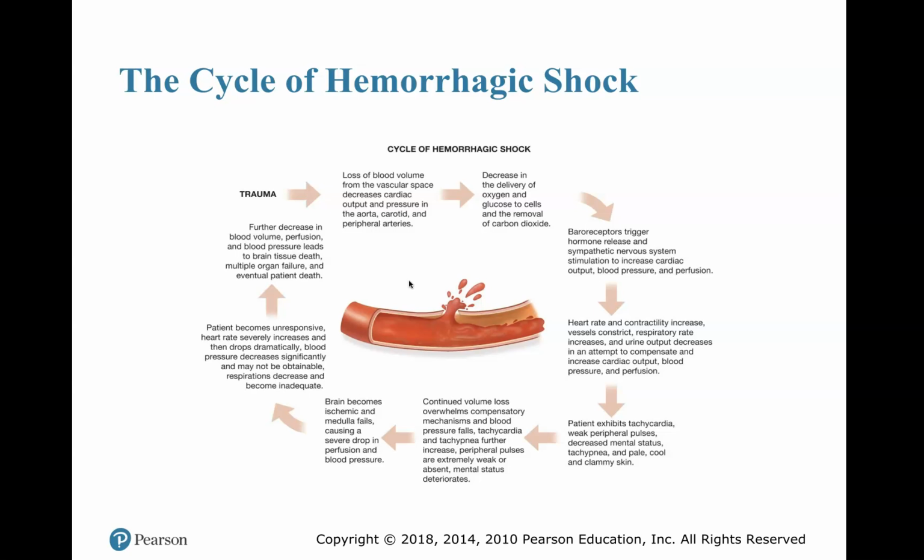Baroreceptors trigger hormone release and sympathetic nervous system stimulation to increase cardiac output, blood pressure, and perfusion. The heart rate and contractility increase, vessels constrict, respiratory rate increases, and urine output decreases in an attempt to compensate and increase cardiac output, blood pressure, and perfusion.